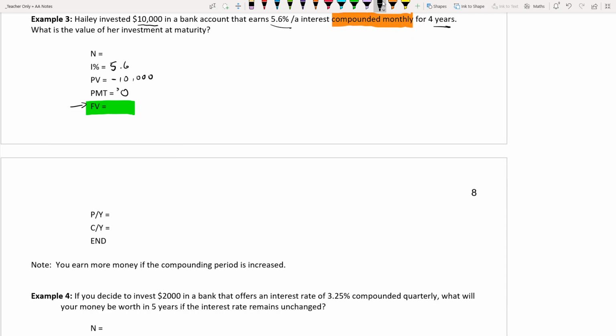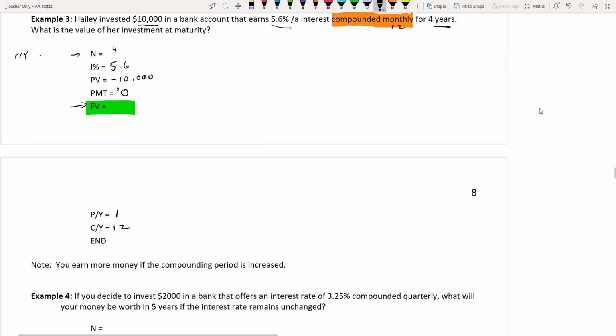Since my payments are 0, I'm going to put payments per year as 1. My compounding per year, well, it's compounded monthly. How many months are in a year? 12. So the CY is 12. Now all the way up here, N. N is PY, payments per year, so here it's 1 times the number of years, which is 4.